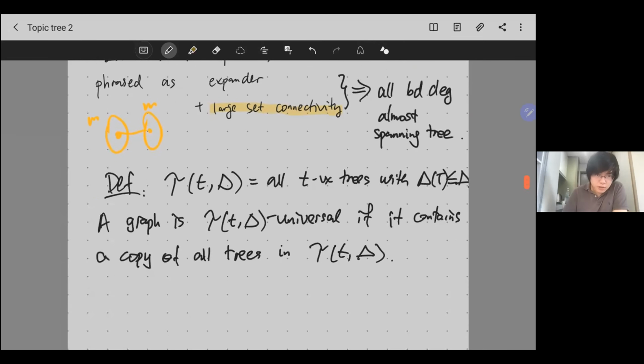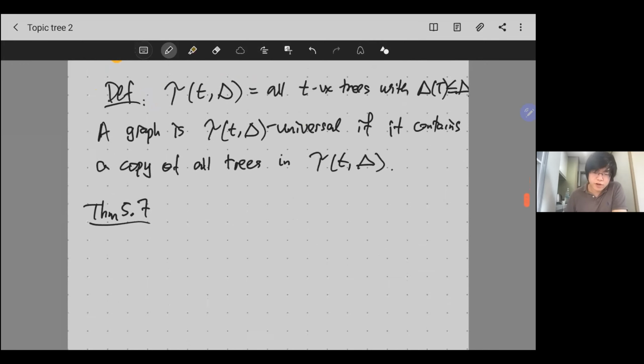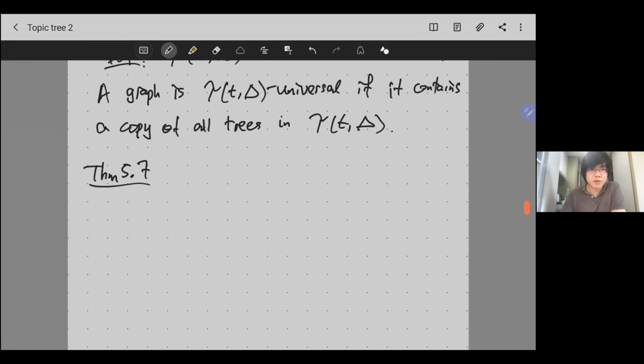In this notation, we can now state 5.7. It's just a consequence of 5.6. You play with the definition of the expander. It's an easy exercise to derive it from 5.6. So it says that we're given D is at least 2 delta for some fixed delta, and we have that G satisfies the n over 2D join property.